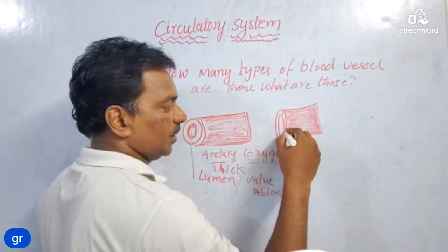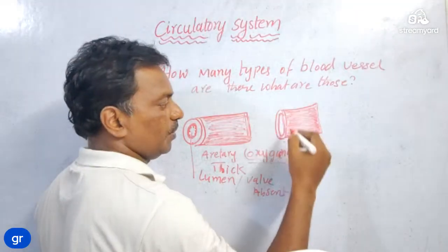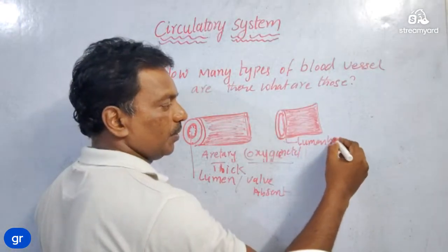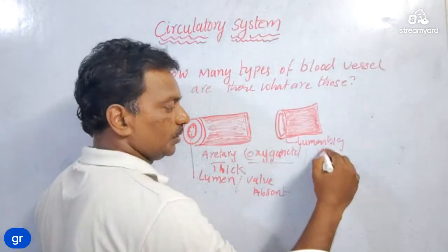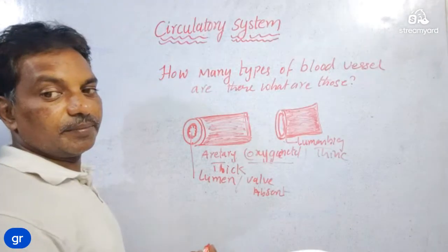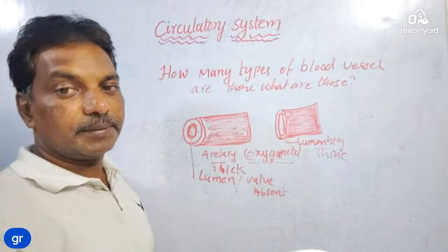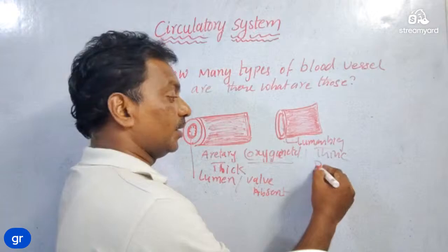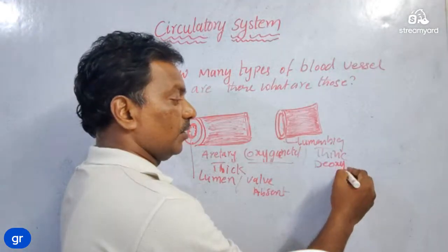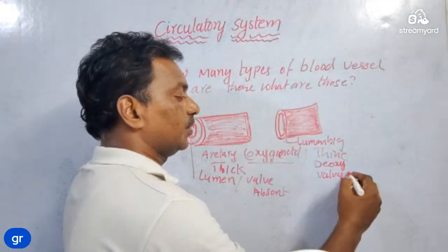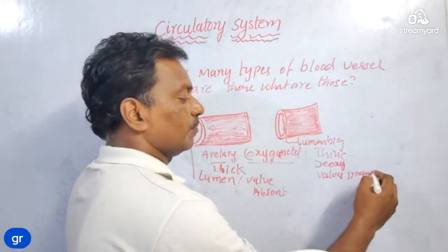Here the lumen size is big. The vein wall is thin. It carries deoxygenated blood. Then valves are present.